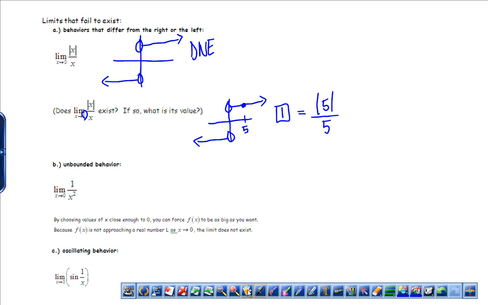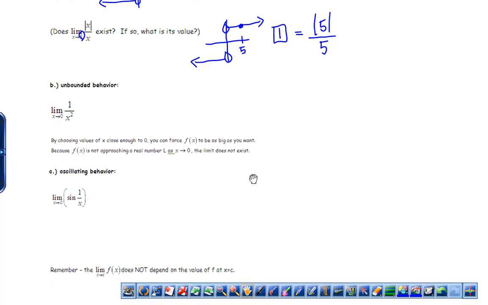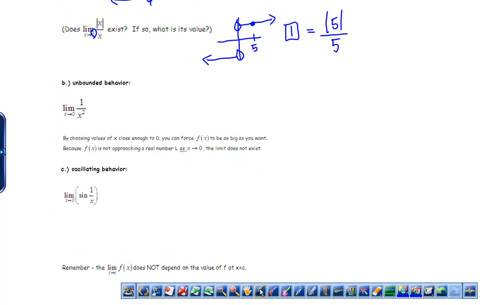Okay, unbounded behavior. The limit as x approaches 0 of 1 over x squared. If I plugged in my 0, that's 1 over 0, and that would be undefined, right?